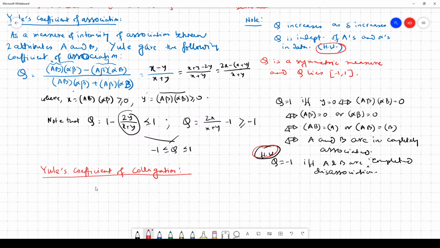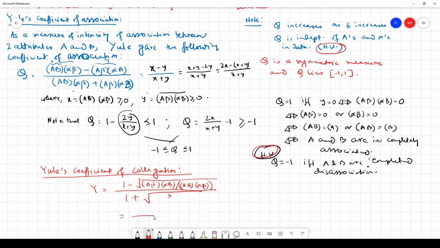This is defined as the root of alpha beta, by 1 plus the same thing.